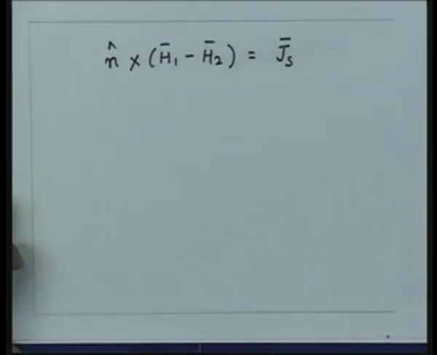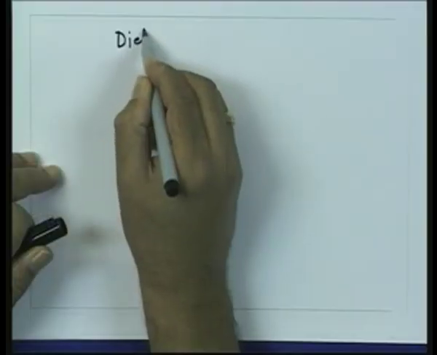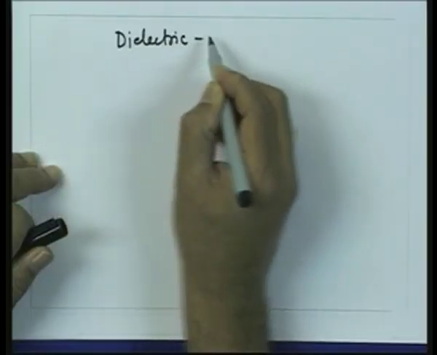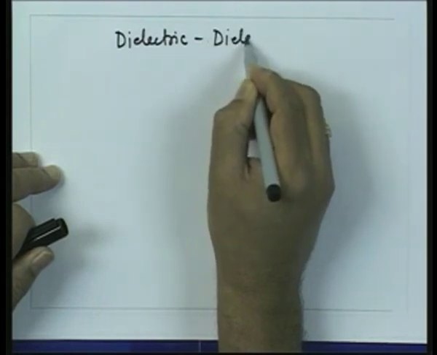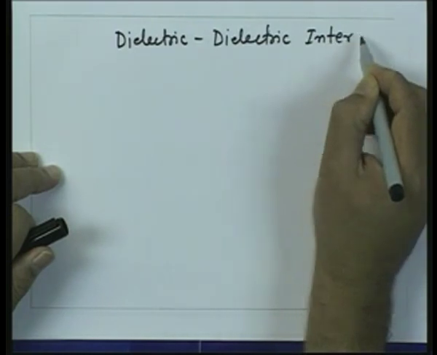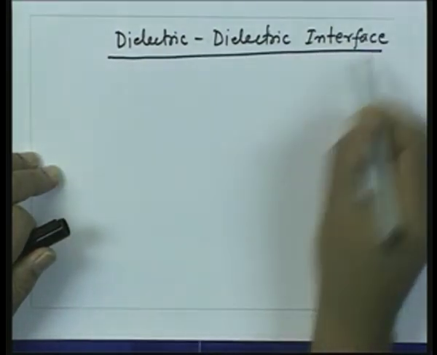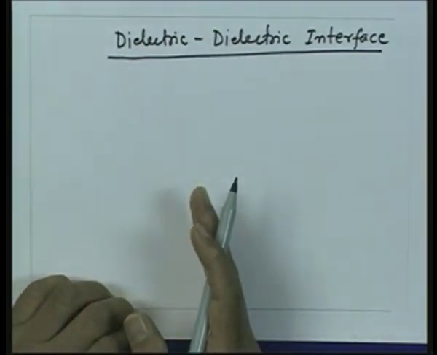So with this now we can summarize the 4 boundary conditions for the dielectric media as we have been discussing. So if I say I have a medium which is a dielectric interface, that means I have a dielectric on both sides.